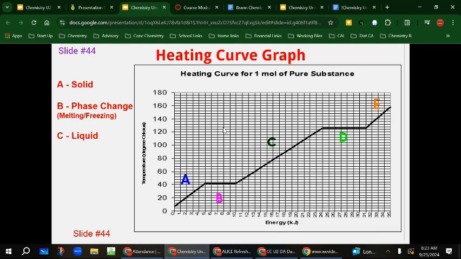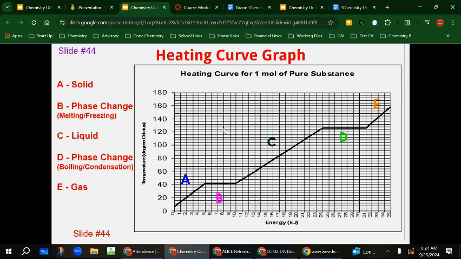So what state of matter is it in up here when it's hottest? It's a gas. So what has to happen here at D? Has to boil. Has to be a phase change, boiling, and then at section E, it is a gas.